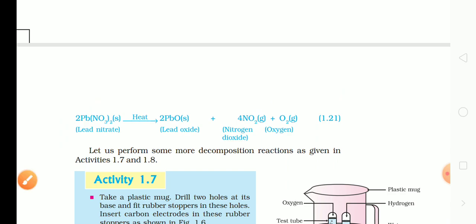In all these examples, whether it is the decomposition of ferrous sulfate, calcium carbonate, or lead nitrate, you can see the decomposing agent is heat. The decomposition reactions in which the agent helping the decomposition is heat are called thermal decomposition.